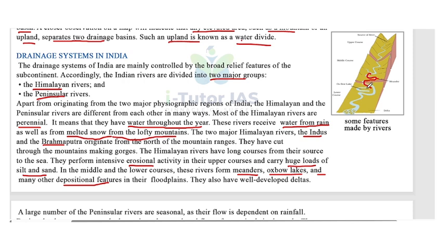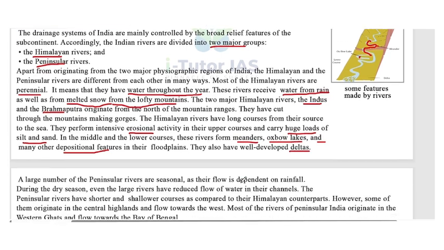And what is an oxbow lake? The separated arc-shaped lake is called an oxbow lake. Now, they also make well-developed deltas.